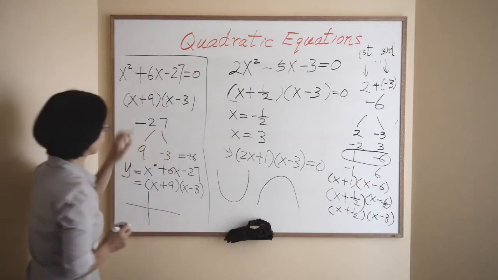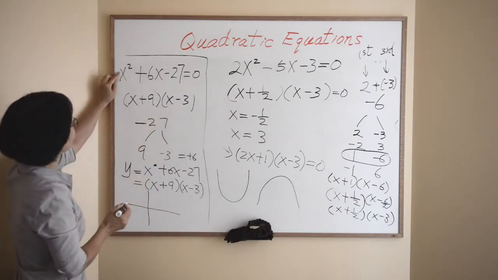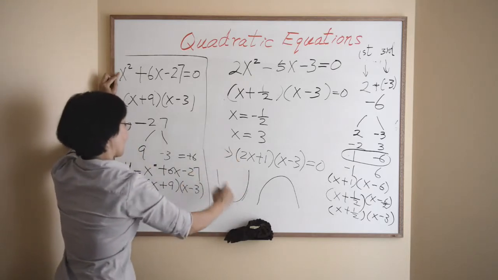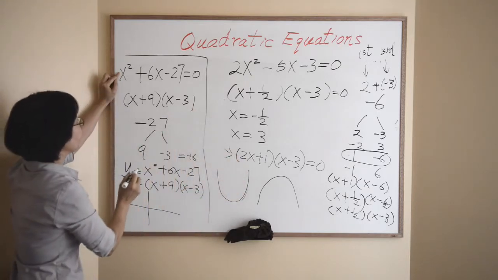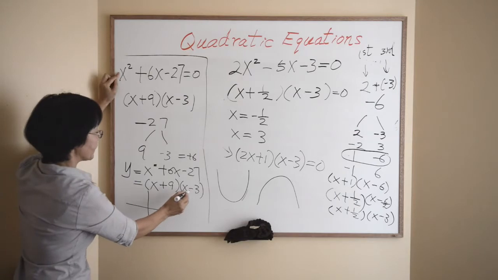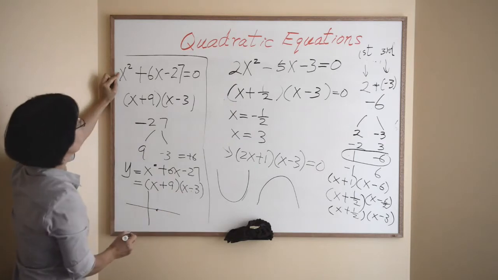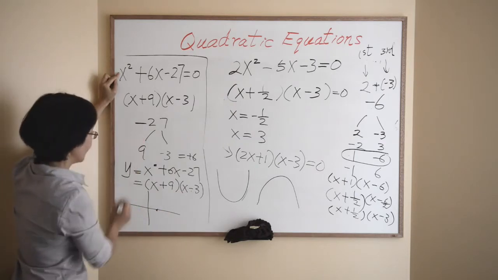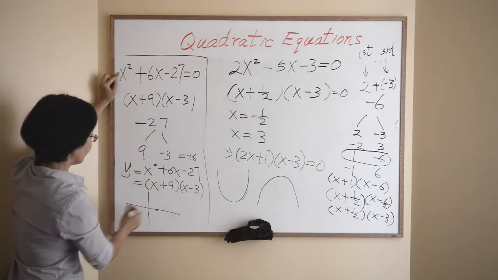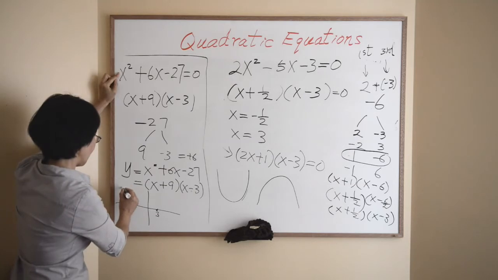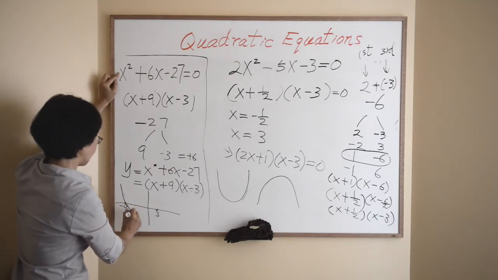Now for this one here, because this is positive, we know the parabola, the graph, will go up. And where's the x-intercept? Because positive 3 is one of the solutions here, and we got negative 9, there is another one here. So this will be negative 9 and this will be positive 3. So your graph will look like this.